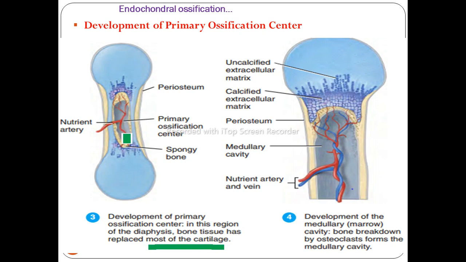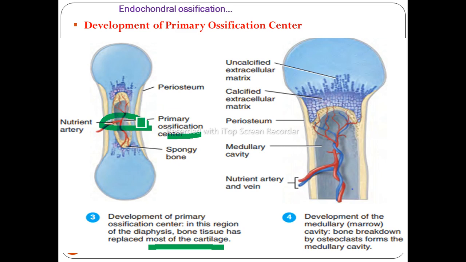And when the blood vessels perforate this region, the marrow cavity will be produced. The process producing this marrow cavity is called the primary ossification center. So the primary ossification center is created on the diaphysis, on the shaft.